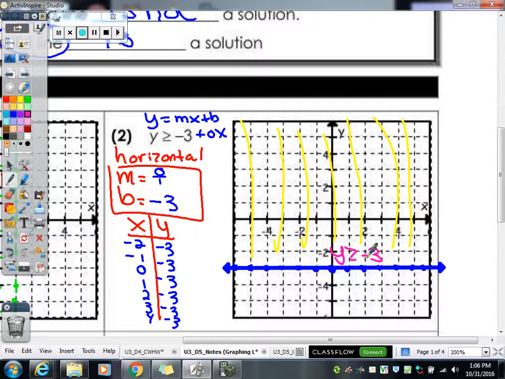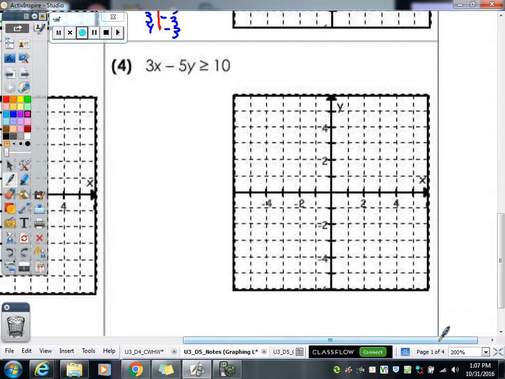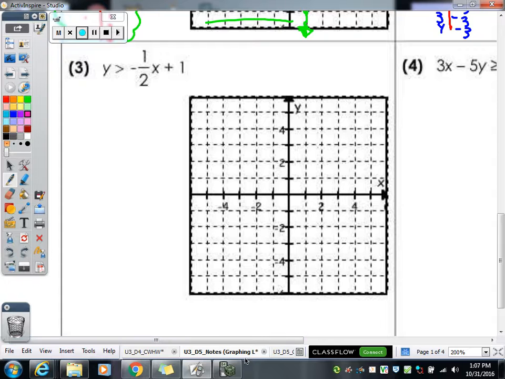All right. Let's look at this next one. So I always start out with these inequalities by looking at the sign first, okay? And it is a greater than sign, so greater than means I'm going to shade up.